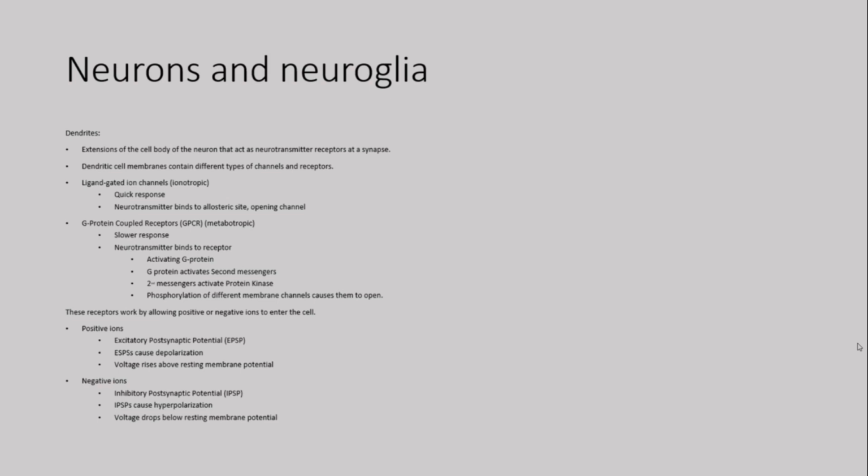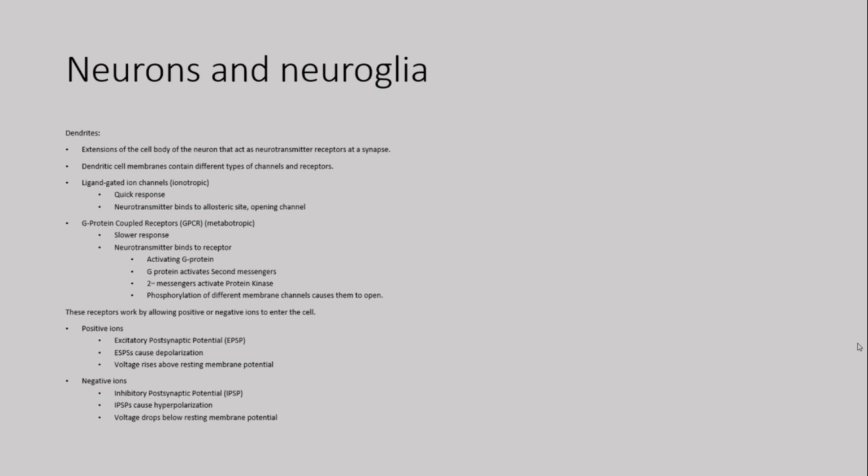And when they open, we will have an influx or an efflux, and it can be either anions or cations. If it's cations, positive ions, it will lead to an EPSP, the excitatory postsynaptic potential. This EPSP will cause depolarization. The voltage will rise above the RMP, and it will reach the threshold potential.